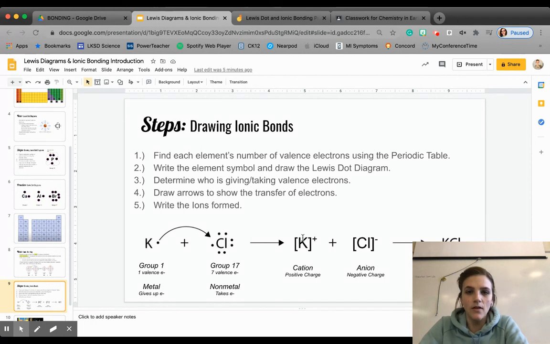All right, so the symbol itself goes inside the brackets, the charge goes on the outside of the brackets. Once you've officially thought of all that stuff, the official compound that we've created is potassium chloride, written as KCl, all in one fell swoop. So those are ionic bonds.